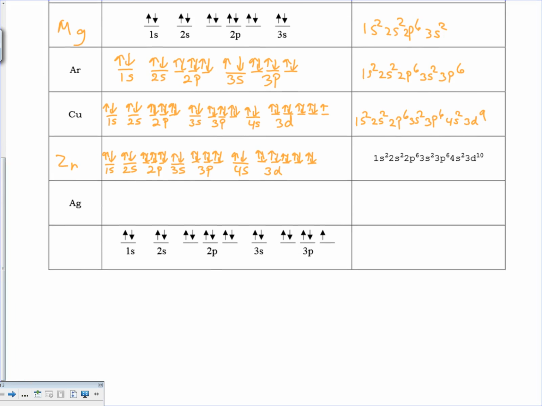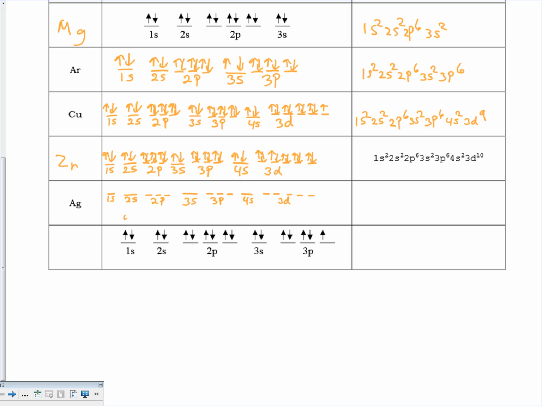So I'm going to write this in 2 different rows: 1s, 2s, 2p, 3s, 3p, 4s, 3d, and then jump down here.